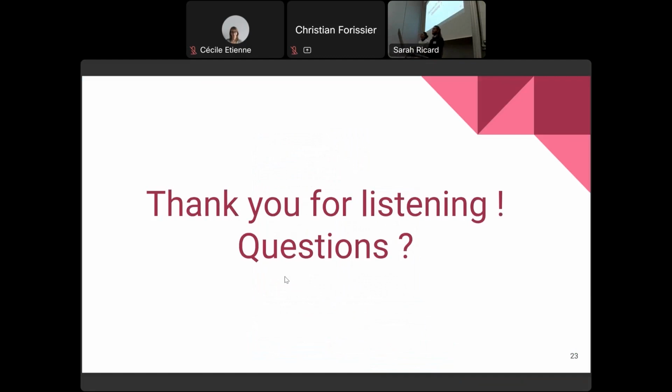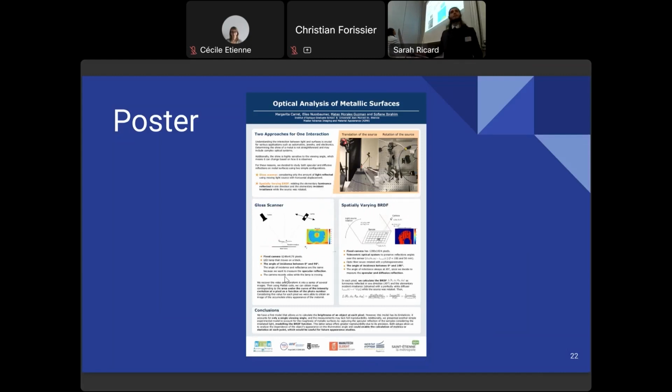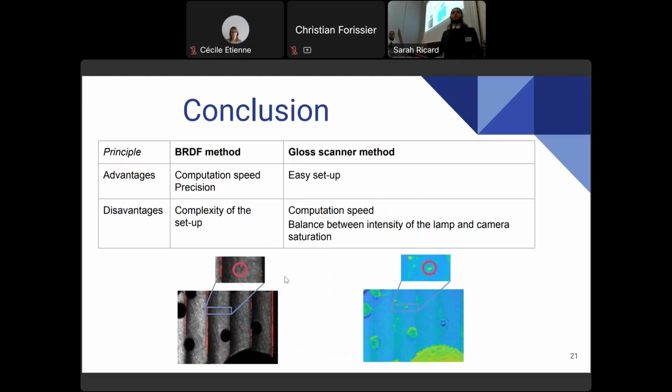So I was wondering, when you are talking about computation speed, you talk about half a minute for the BRDF, okay, and for the gloss scanner. Okay.